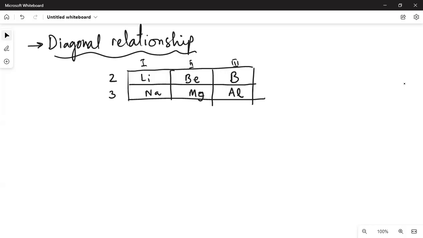So diagonal relationship is that the element of second period, like lithium, resembles diagonally with the element of third period. So lithium का diagonal magnesium है, and beryllium's diagonal is aluminum.